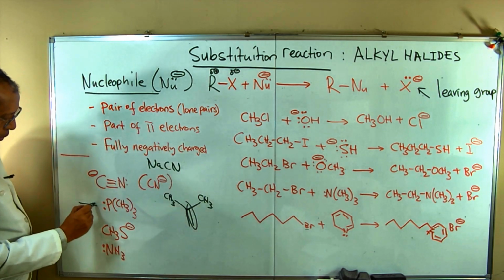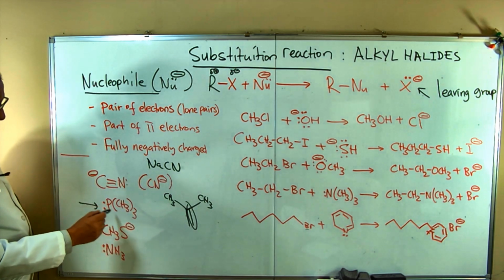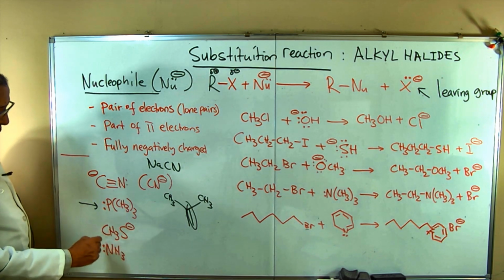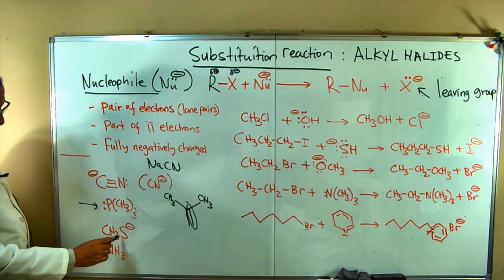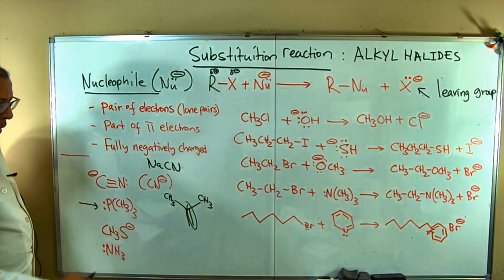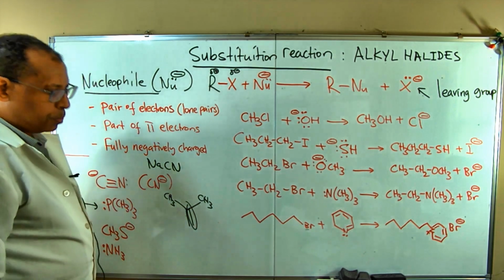Lone pair is phosphine, for example, type reagents with a pair of electrons on phosphorus, and a thiol-derived sulfide, metal sulfide, can also be used as a negatively charged nucleophile.